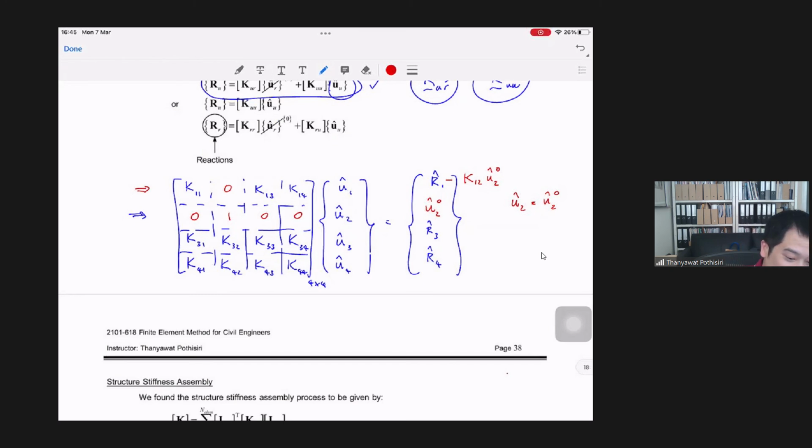And I can also modify the remaining equations. So this would become k32 u hat 2 and minus k42 u hat 2.